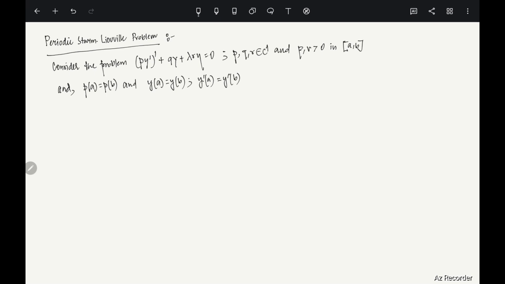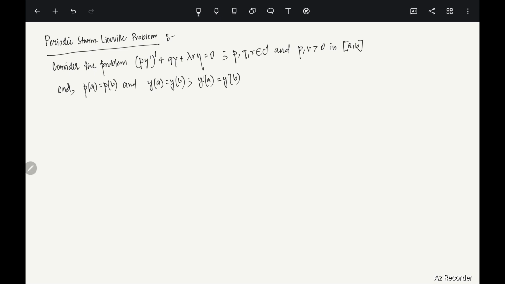The position and the speed of the particle at the point a is the same as the position and the speed of the particle at the point b. So it is coming back to its original configuration somehow. This sort of problem is called the periodic Sturm-Liouville boundary value problem.